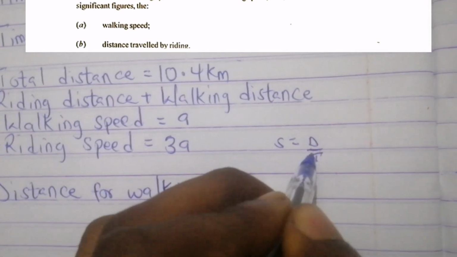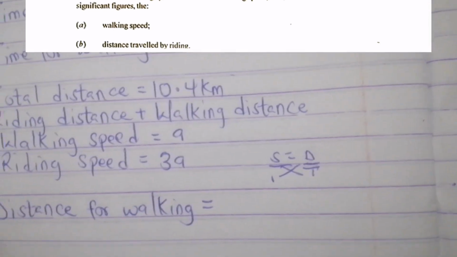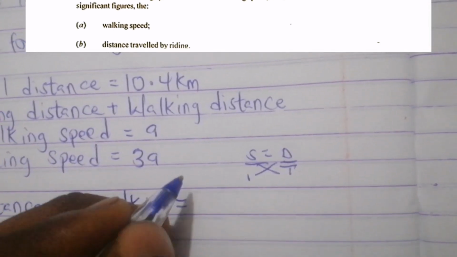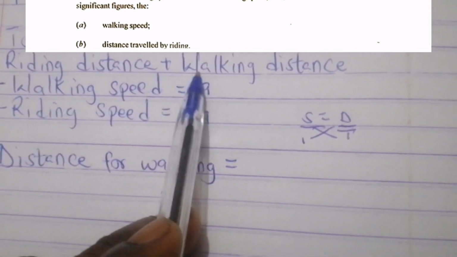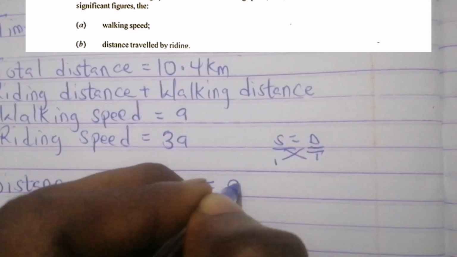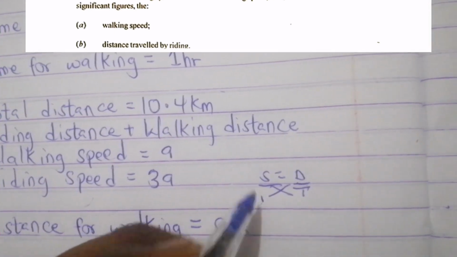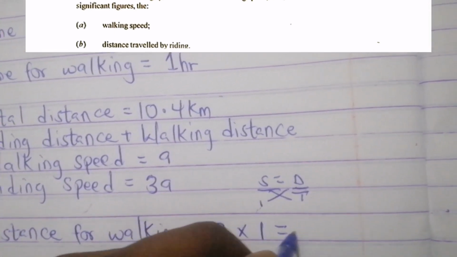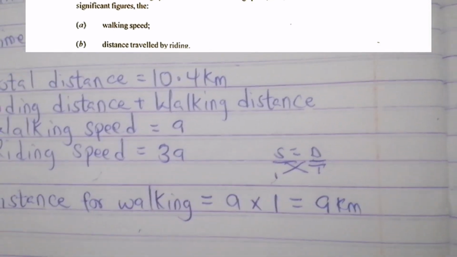So if I want to find the distance, I just cross multiply. So distance is speed times time. The distance for walking will be equal to the speed for walking, which happens to be A, times the time for walking, which happens to be 1 hour. So times 1, which is still A.